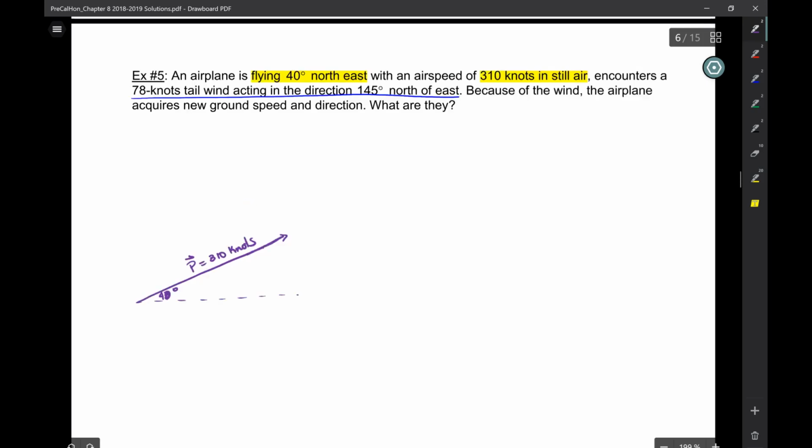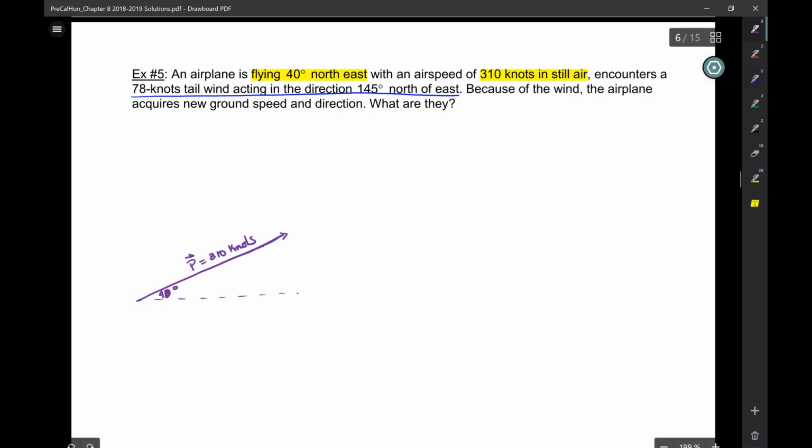Now, it encounters a 78 knot wind acting in the direction 145 degrees north of east. So if this is east again, where is 145 degrees? In that direction, right?